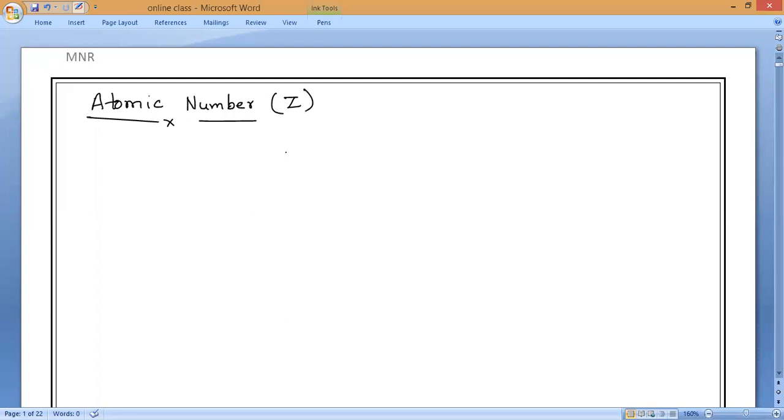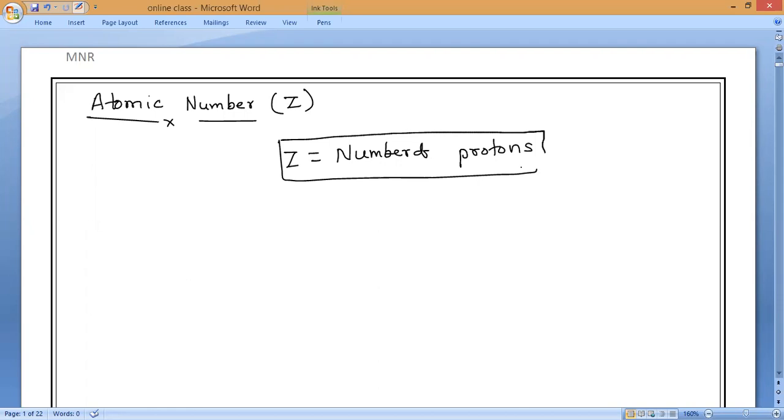Z. So Z is equal to, for any atom, only we will consider number of protons. Of course, as we know, for any atom, number of protons is equal to number of electrons. But still we won't consider number of electrons as atomic number. Why, guys? What is the reason? Because electrons will be involved in the chemical reaction.